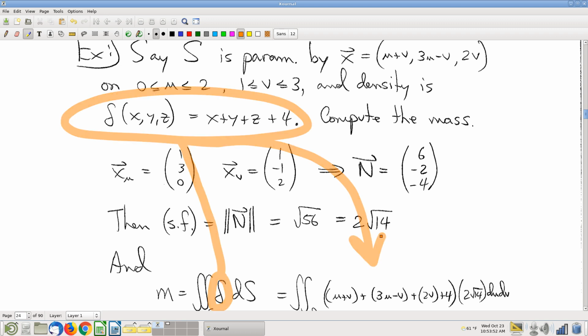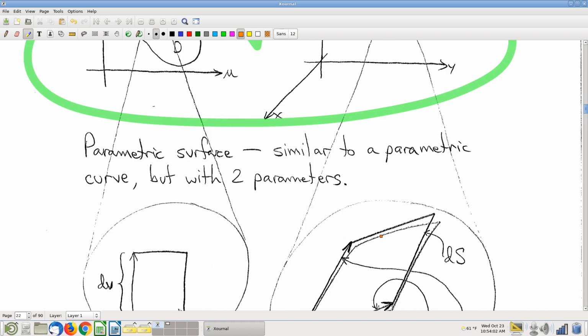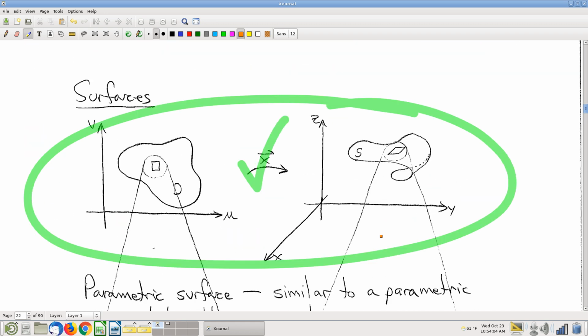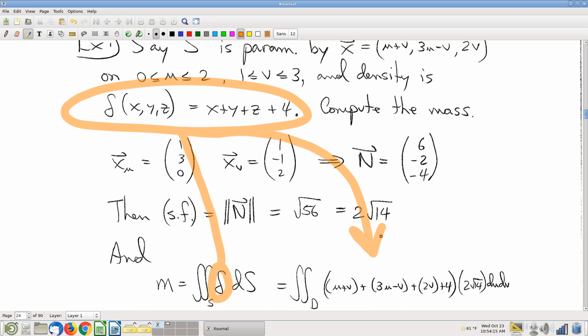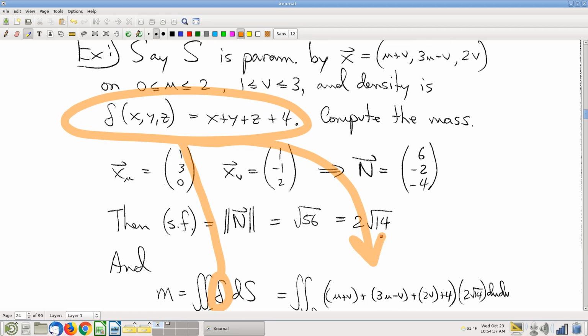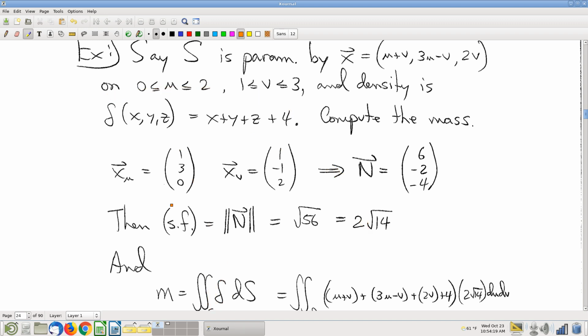Density is that. Oh, wait a minute. What are x, y, and z? How do I rewrite x, y, and z in terms of u and v? Don't forget, that's what the parameterization is. The parameterization literally is telling you x, y, and z as functions of u and v. So the way you get rid of those x, y, and z is just plug in. Again, it's right here staring at you in the face.